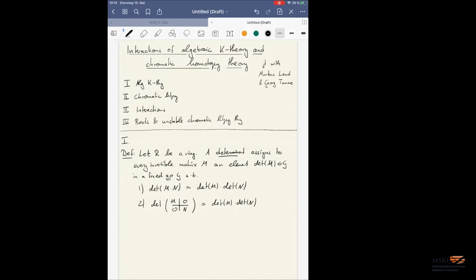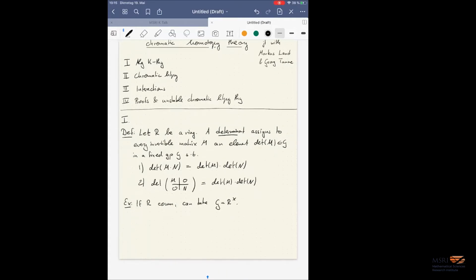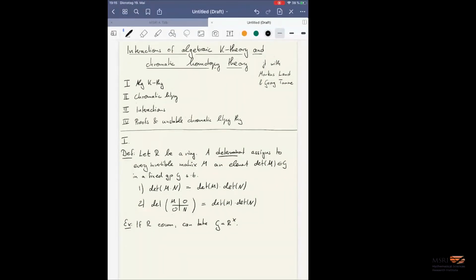If R is commutative, you can take G to be R cross, and the usual determinant would be an example of a determinant. But as categorically minded people, we of course want to ask: is there a universal determinant over which every other determinant factors?